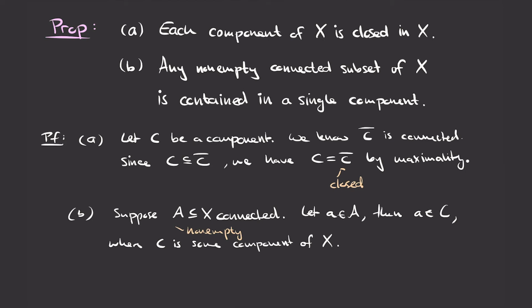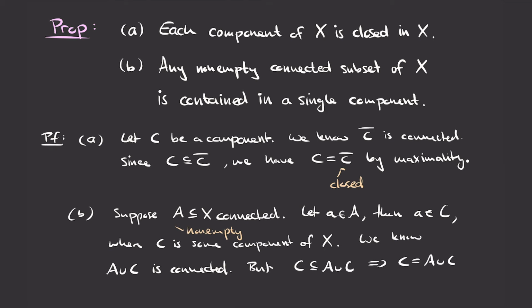We know that their union also is connected by the proposition on connectedness we used previously. Okay, so A union C is connected, but we know that C is contained in A union C, and this implies that C equals A union C by maximality.